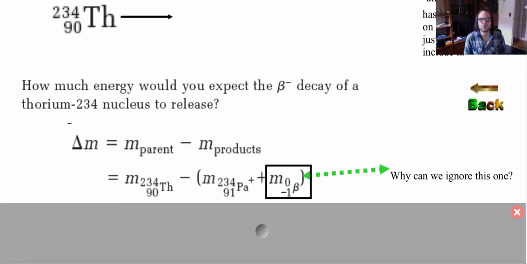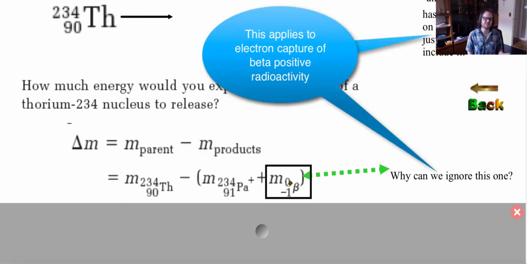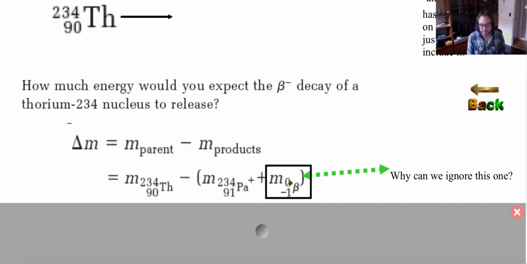Now there's a little trick when we're solving the mass defect for beta negative decay, just like there was a little trick when we're solving mass defect for beta positive decay. So for beta negative decay, we actually do not need to use the calculation of an electron. This we could ignore. Now why is that, you might ask? Well, whenever we're looking up these masses, so if we're looking up the mass of protactinium, what we're looking up is the atom, not the ion.